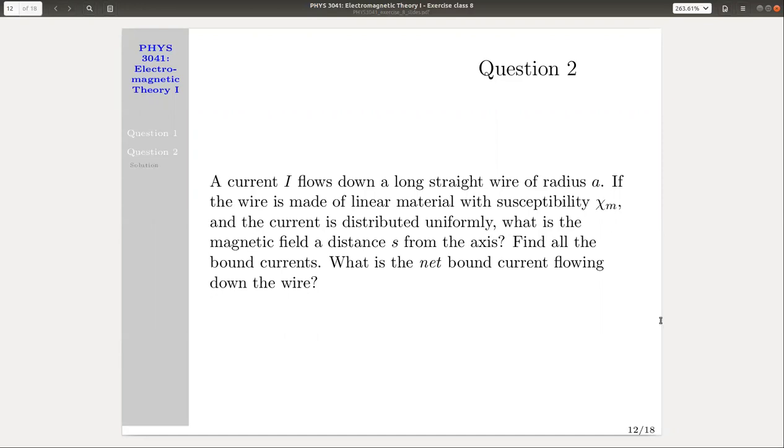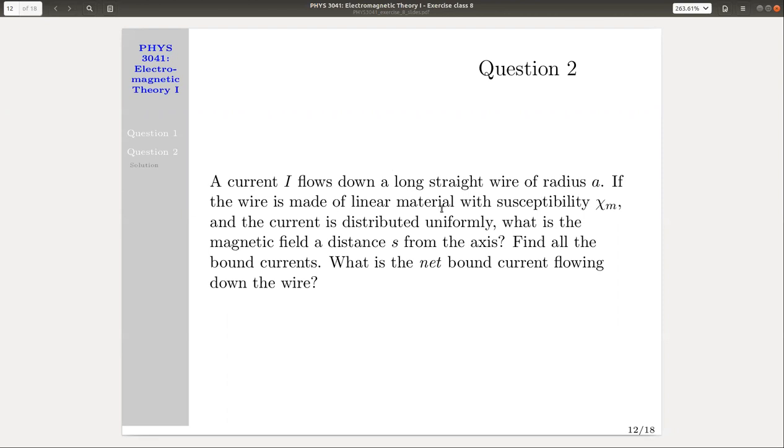So we assume the wire is made of some linear material with susceptibility chi m, and now there is a current I that flows down along this long wire.